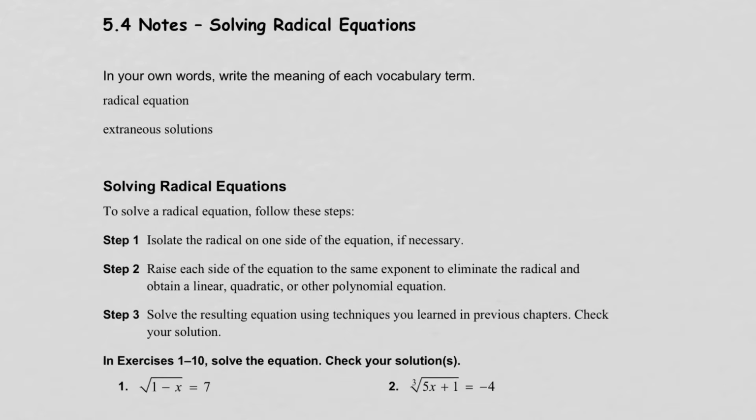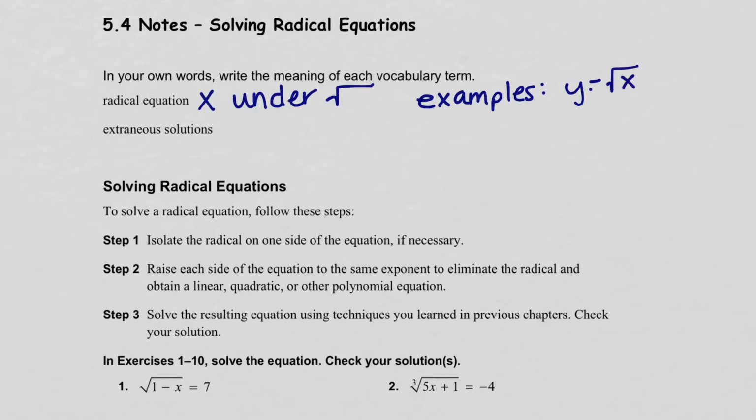So in our own words, the meaning of a radical function is just that x is under the square root, or any root. Some examples might be y equals square root of x, which is the same thing as saying x to the 1/2.